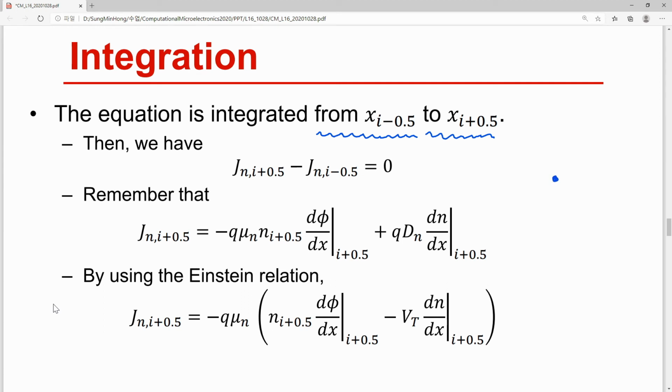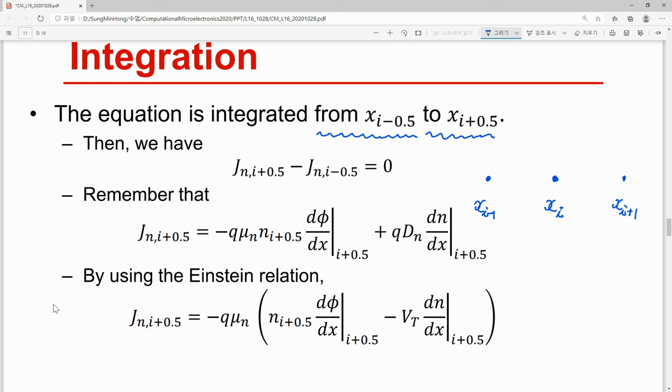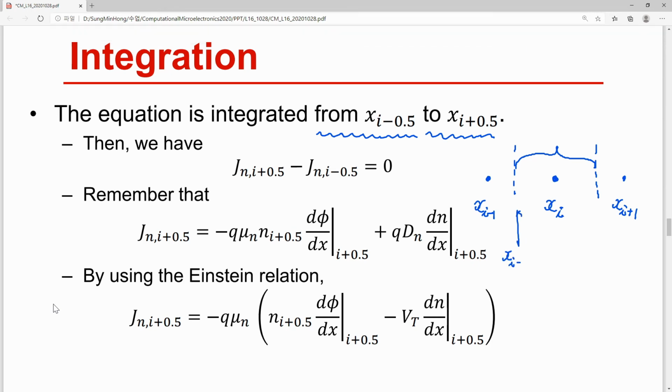Once again, we have a certain position x sub i, and x sub i minus 1 and x sub i plus 1, and the control volume for this x sub i point is given by from x sub i minus 0.5 to x sub i plus 0.5.